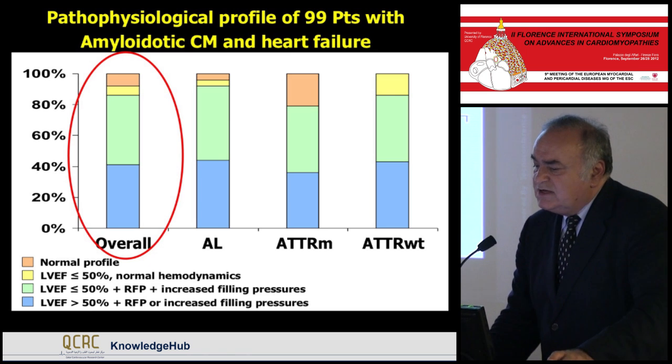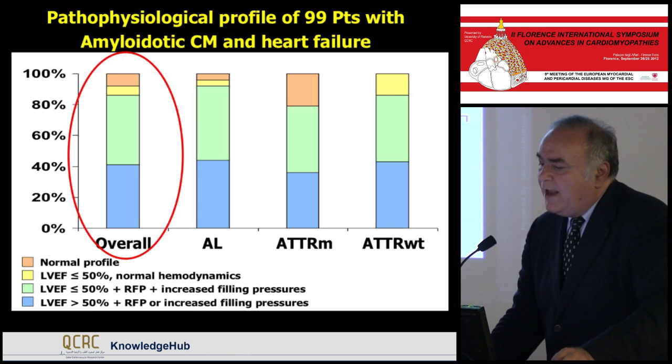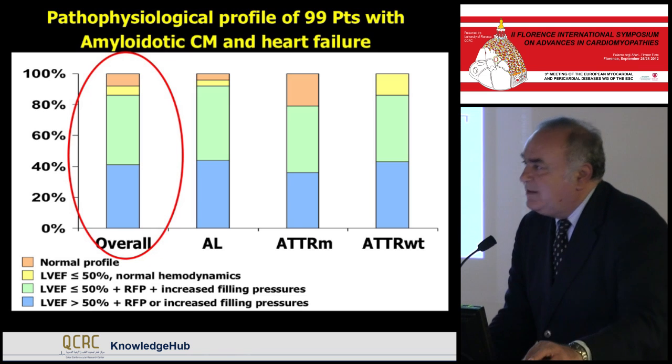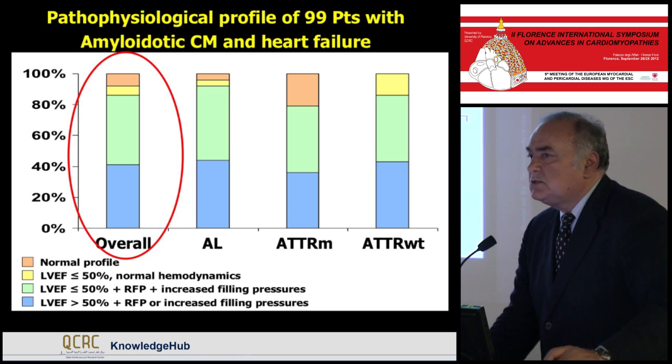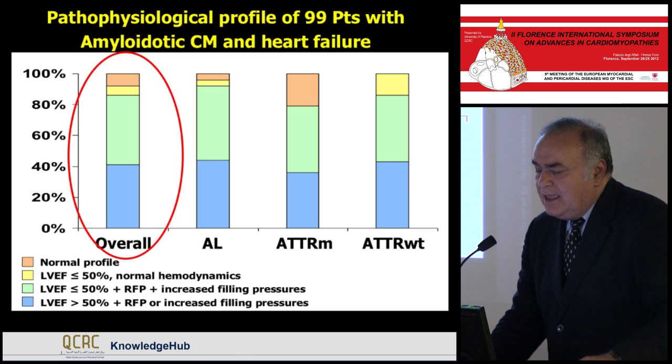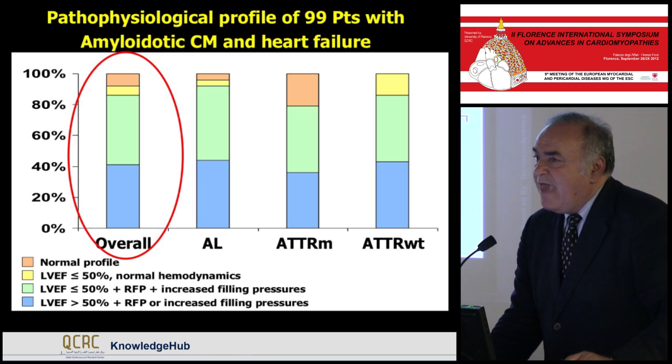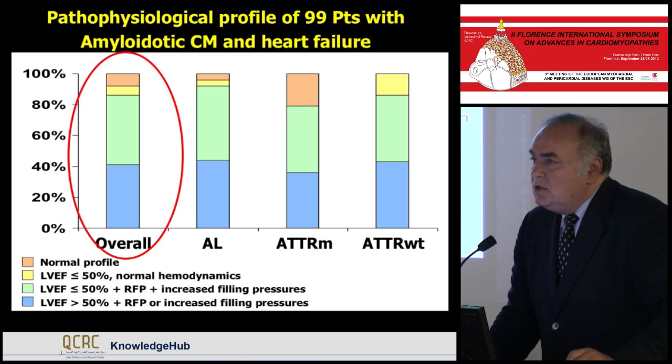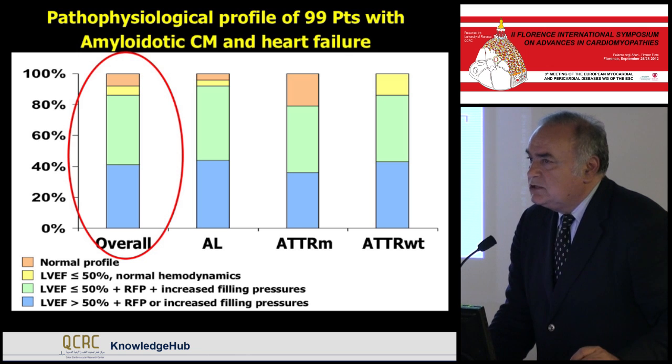Again, if you consider the pathophysiological profile of patients with heart failure and amyloid disease, as Simone Longhi, the following speaker, will debate in detail, here you can see that no more than 60% of the patients have heart failure due to diastolic dysfunction.